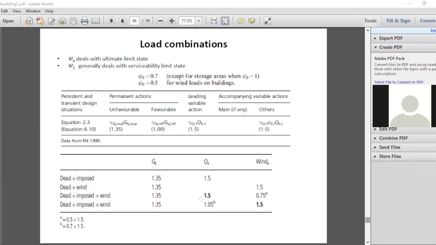The reason is, in a tall building, there is no chance for all the loads to act simultaneously at the maximum value. So what we do is, we assess the values based on probability.